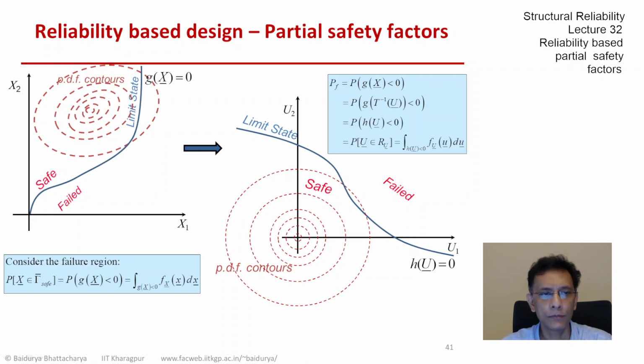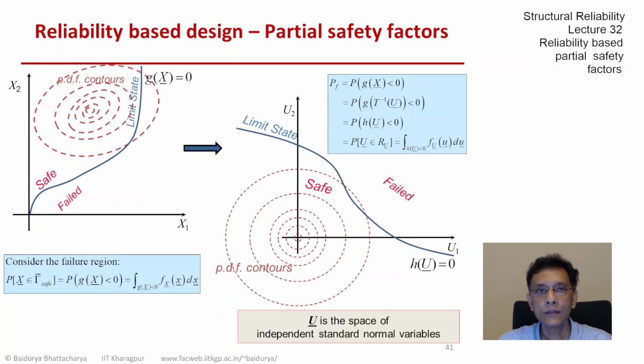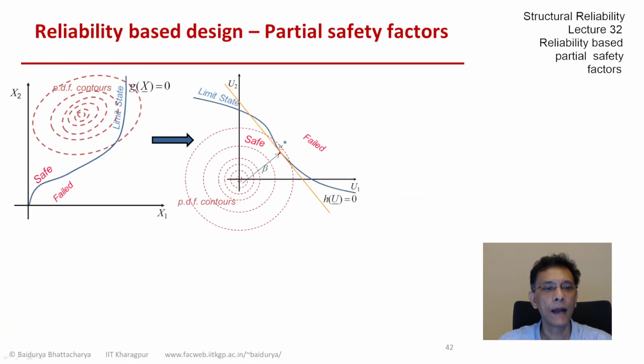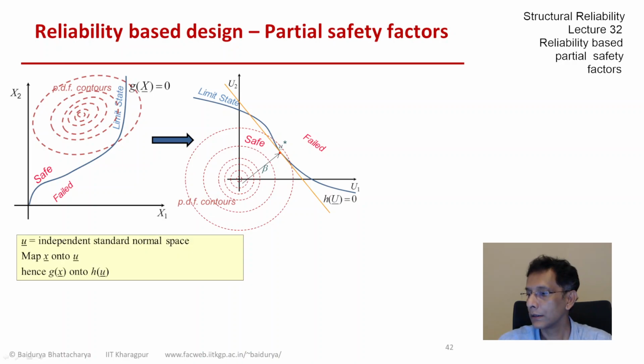There are quite a few possible maps from x to u, and we have discussed those at length, and in the end the objective is to, in this u space, find the minimum distance from the origin to the transformed limit state surface, which is h(u) equals 0. And so this is the mathematical description of the problem.